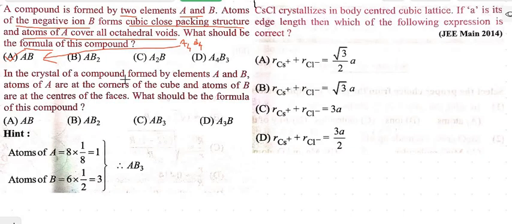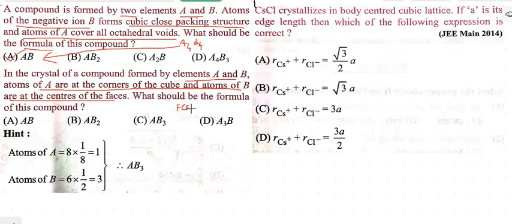In the crystal of a compound formed by elements A and B, atoms of A are at the corners of the cube and atoms of B are at the center of the faces. What should be the formula? It is very simple. They are talking about which kind of crystal? They are talking about FCC crystal.